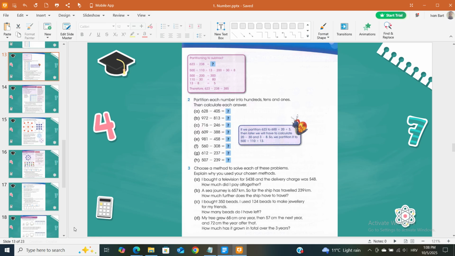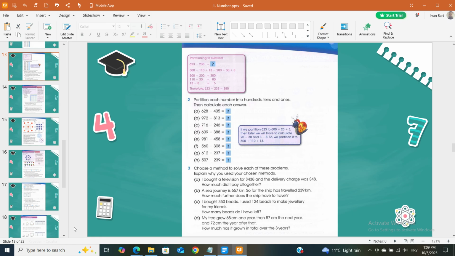Then calculate each answer. A. 628 take away 405 equals? B. 972 take away 813? C. 716 take away 246? D. 609 take away 388 equals?